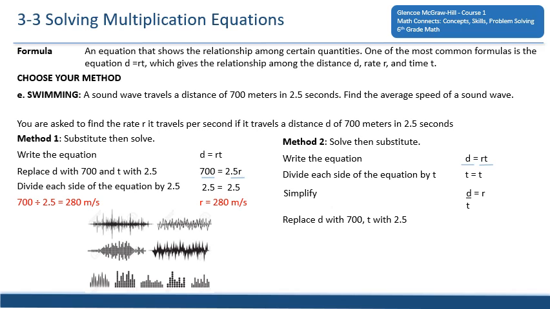Then we'll replace the variables, d with 700 and t with 2.5. So we get 700 over 2.5 equals r, and that equals 280 meters per second. Either way, we come up with the same answer.